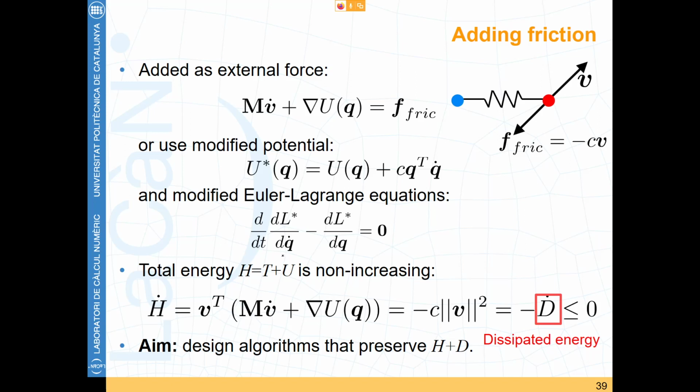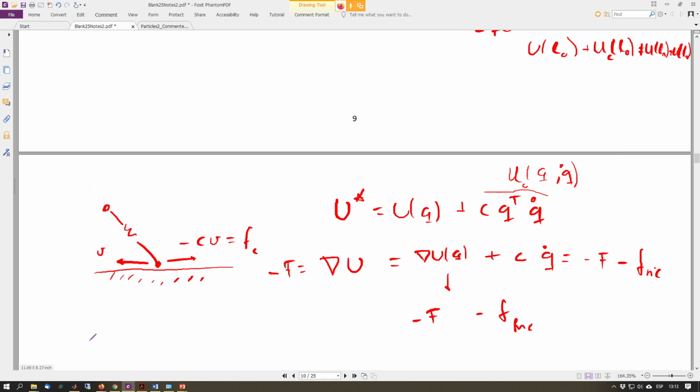Then, looking at the preservation of the total energy with respect to that modified potential, the time derivative would be equal to velocity by mass by velocity dot plus the gradient of U. If we look at our equations with respect to h, here our h is equal to T plus U, not U star.